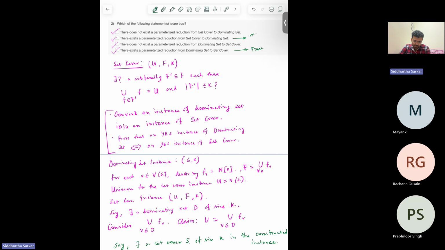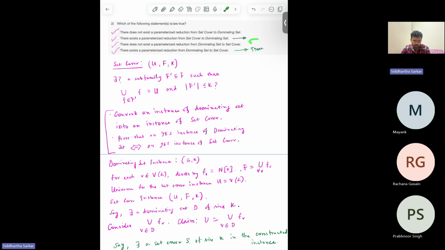the first step. The first step is to start with an instance of set cover, and then from this instance you obtain an instance of dominating set, and then show that if there is a yes instance of the set cover, then that implies a yes instance of the same size for the dominating set.